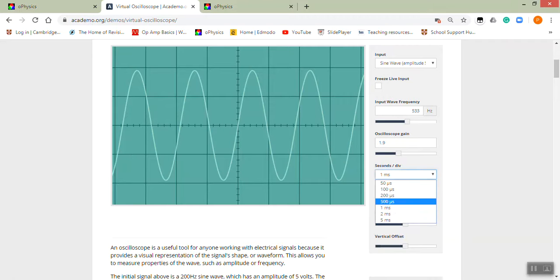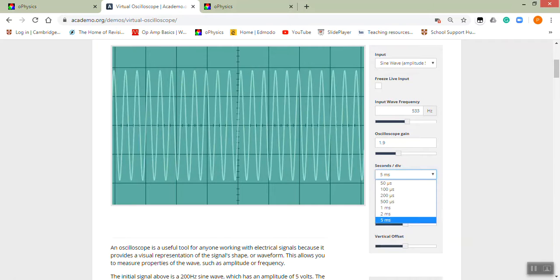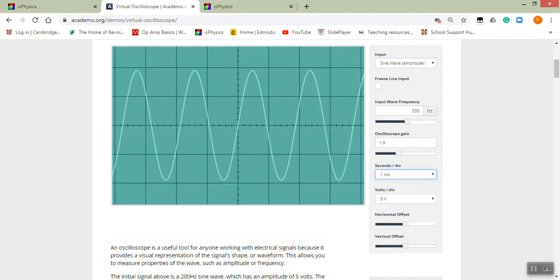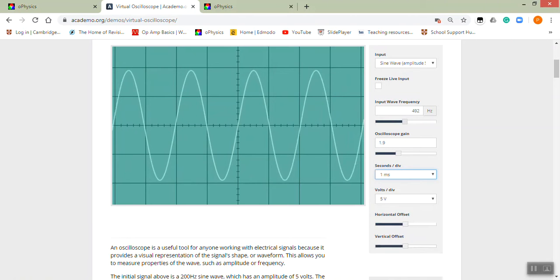So we can look at the different time-based settings, and see the amount of waves that fit in one time-based setting. Every block is a second or a millisecond in this case. So one wave will take us 2 milliseconds.